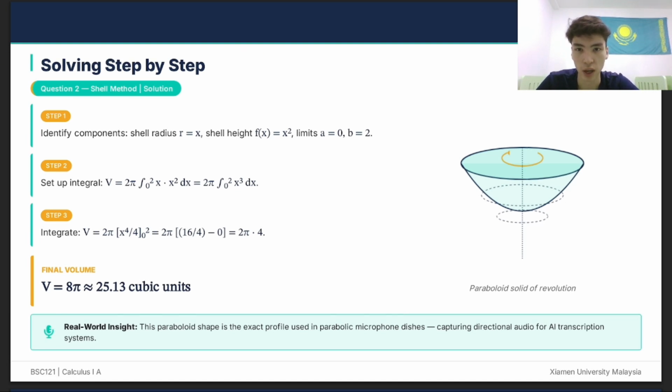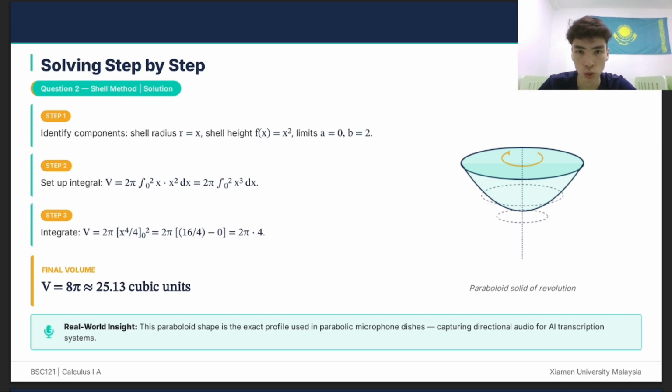Step 1: we identify the components. The shell radius r is simply x. The shell height is given by the function f(x) equals x squared, and our limits of integration are from a equals 0 to b equals 2.